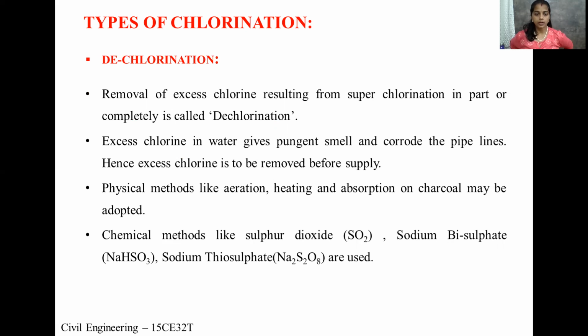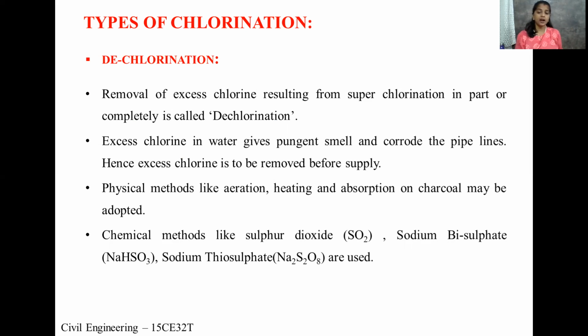Excess chlorine in water gives pungent smell and corrodes the pipelines. Hence excess chlorine is to be removed before supply. I have mentioned this: in some places where the public gather in masses, like temples, take the public water and smell it, it definitely gives a chlorine smell. They go for super chlorination randomly. That's why it gives a pungent smell.